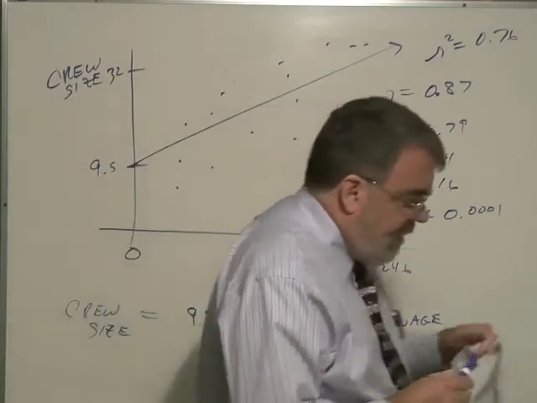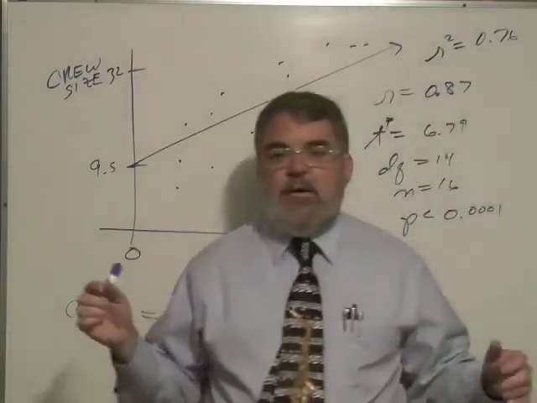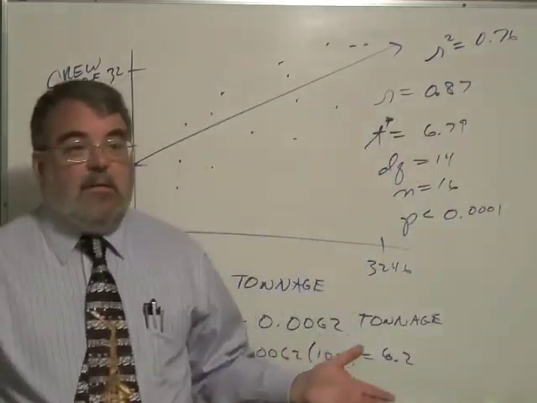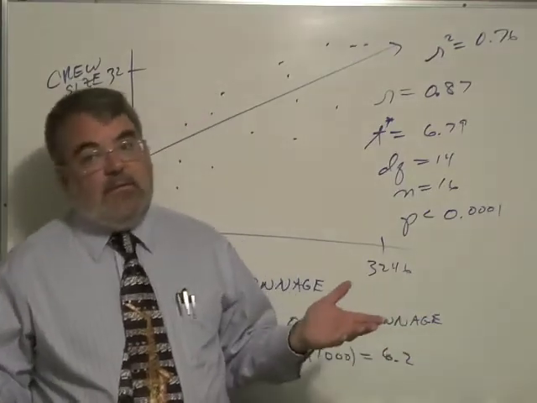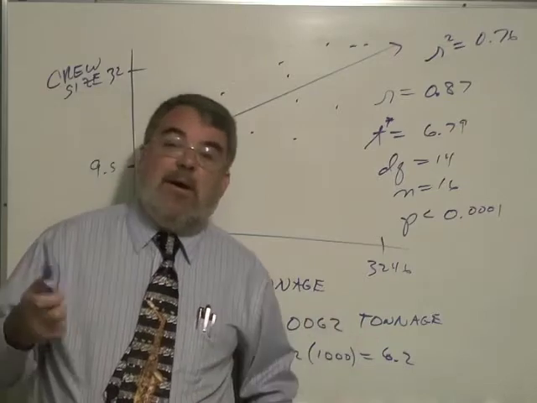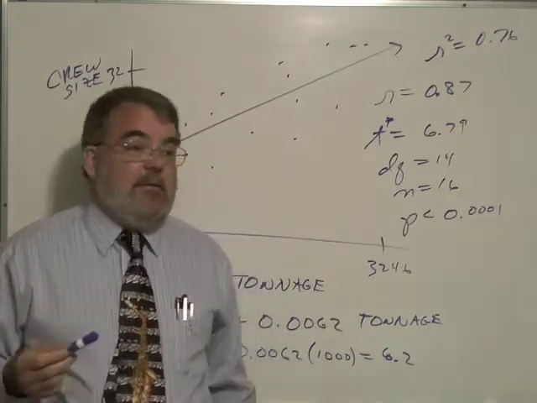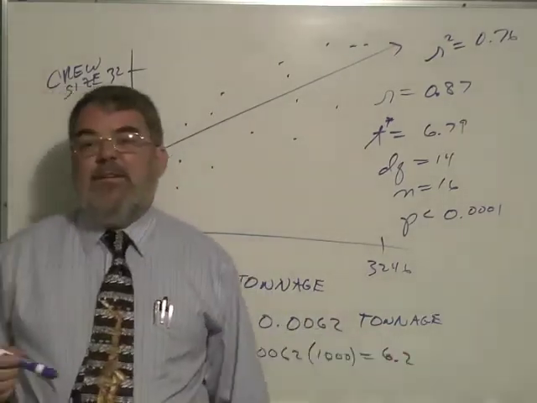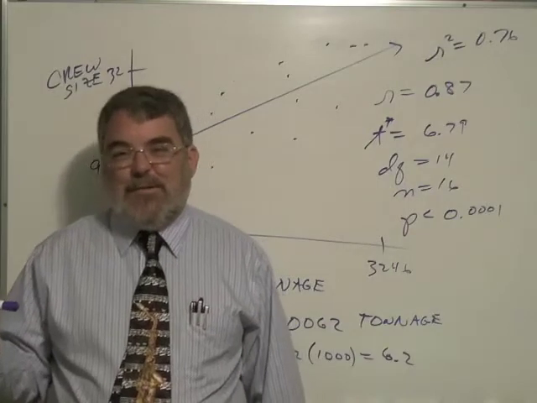And so that tells us that the difference between 2 ships that are different in terms of 1,000 tons is 6.2 crew members. So we expect that it requires a little over 6 crew members to run the larger ship.